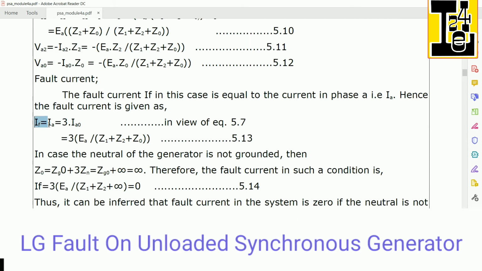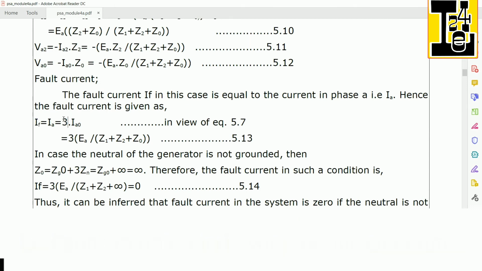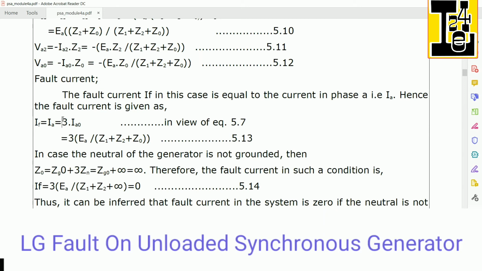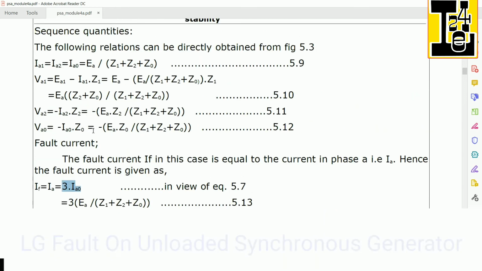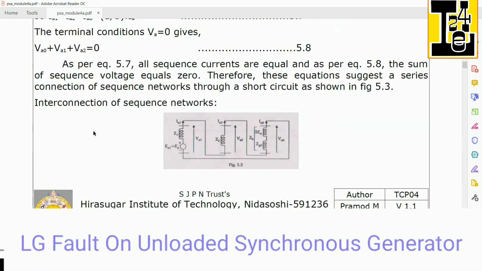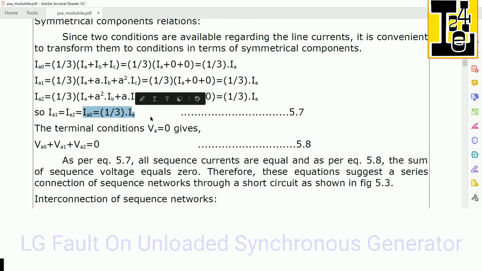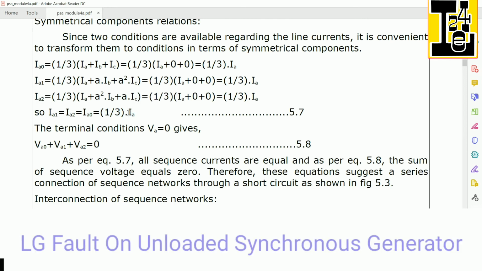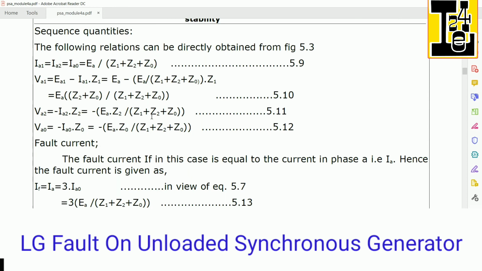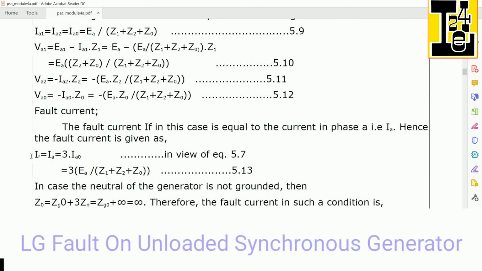As IF equals IA, we know that IA equals 3 IA0. Hence IF equals 3 IA0.